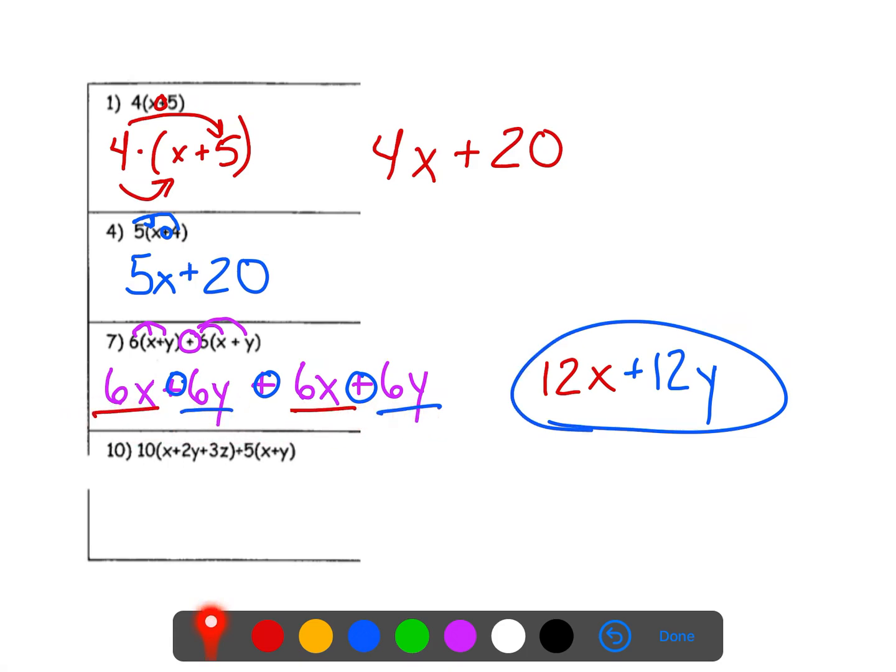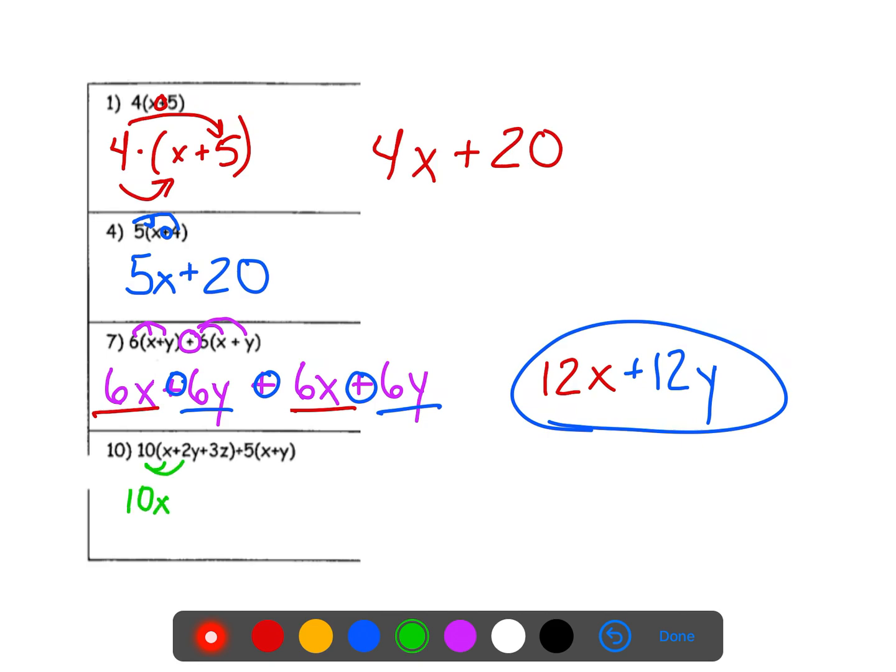Okay, now lastly, we're taking 10 times everything in parentheses. The only difference here is that we have 3 terms in the parentheses. We have 1x, 2 y's, and 3 z's. I'm going to multiply 10 times each of them. So to start, I have 10x, 10 times x.